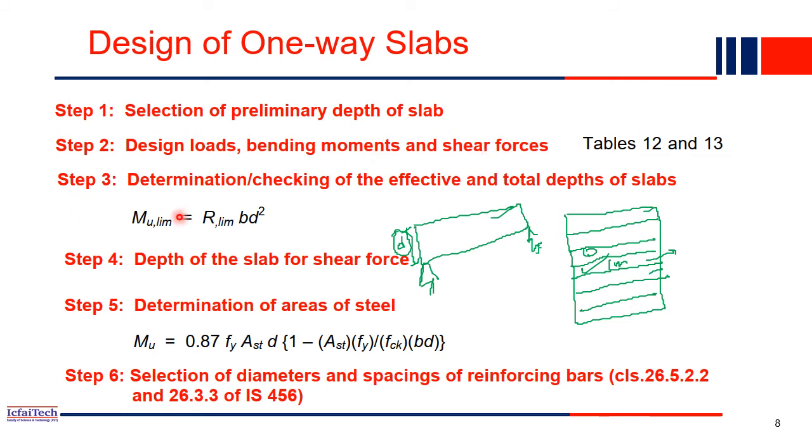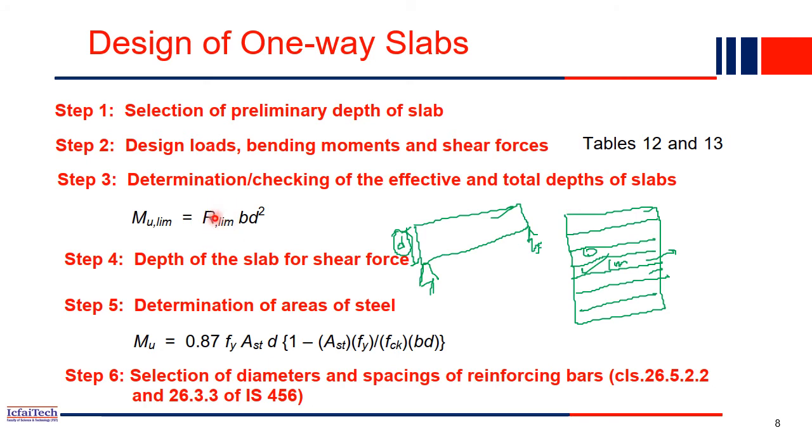Now in step 3 we have to check whether the D we have assumed is sufficient or not. In step 3 basically we are checking the effective depth and total depth of the slab. How do we check it? In step 2 we know the maximum bending moment coming into the beam, or coming into the slab. So we know Mu lim, and R lim, the resisting moment that we discussed in the beam design.